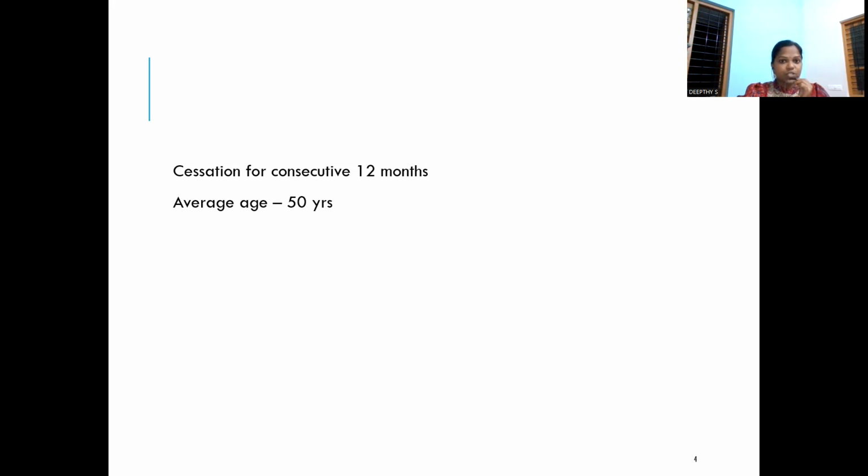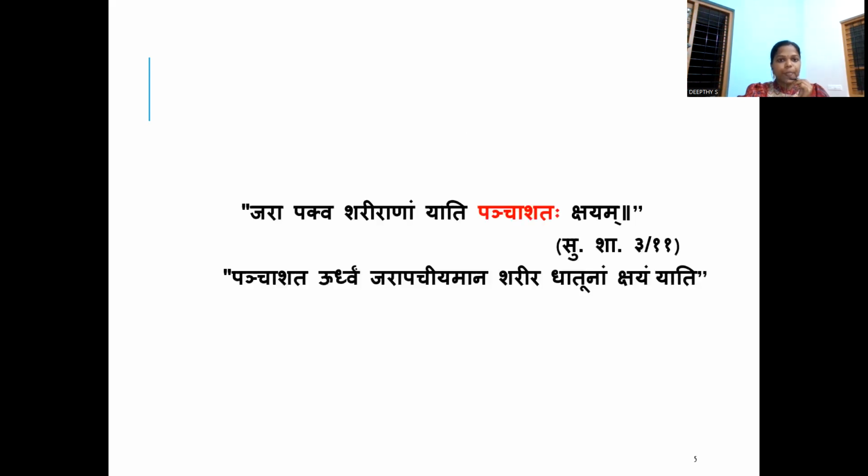And the average age of menopause nowadays is 50 years. In Ayurveda classics also, 50 years is defined as the age for menopause. Jara pakwa shariranam yadi panchashadaha kshayam. At the age of 50, the menopause happens. Panchashada urdham chera upajiyamana sharira dhatunam kshayam yadi.